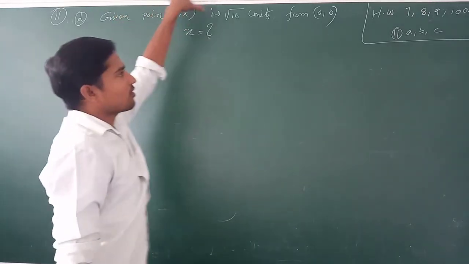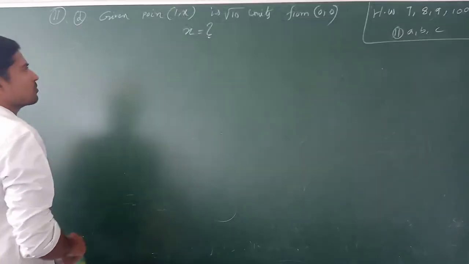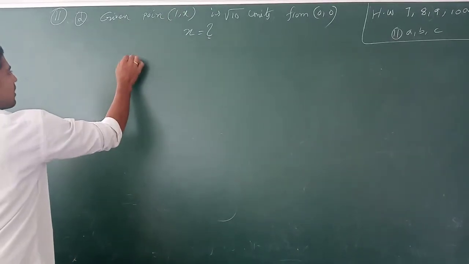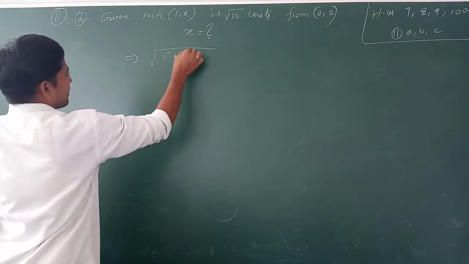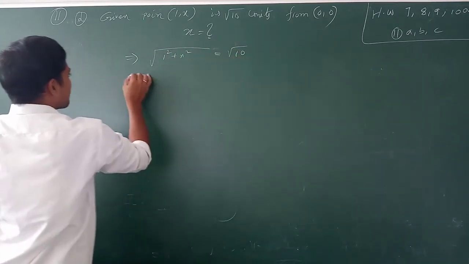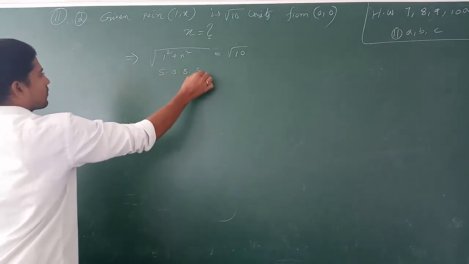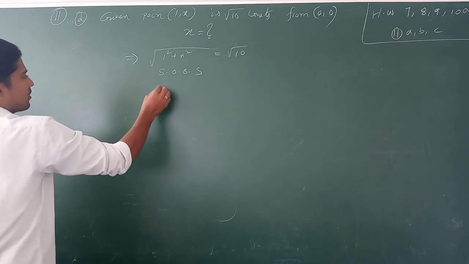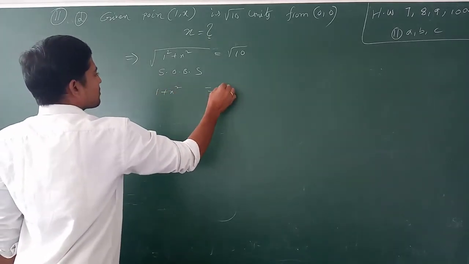From this point to this point, the distance is root 10 units. That means the distance between those 2 points implies square root of 1 square plus x square equal to root 10. Squaring on both sides, 1 plus x square equal to 10.